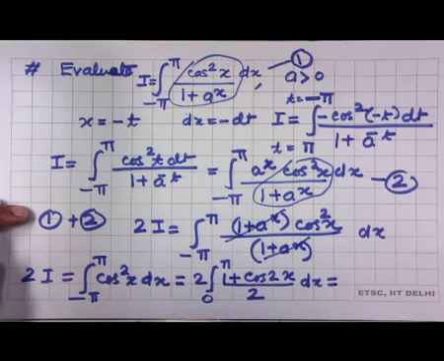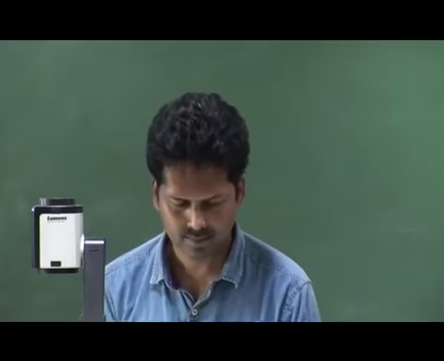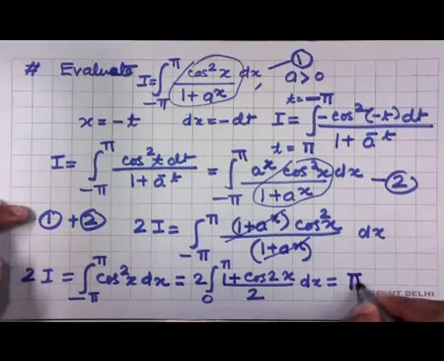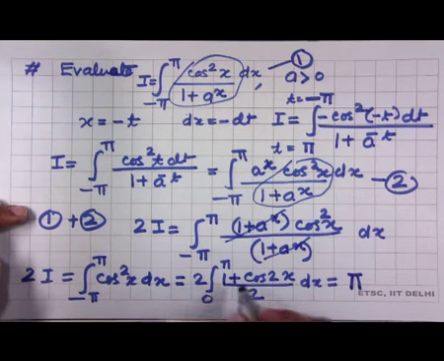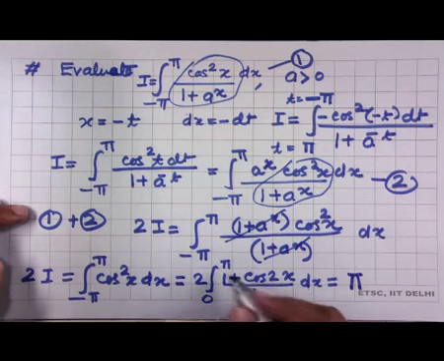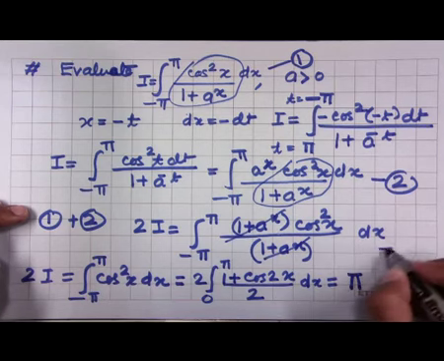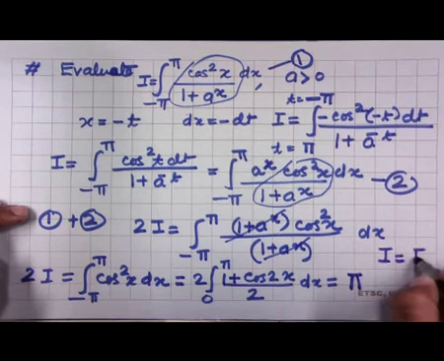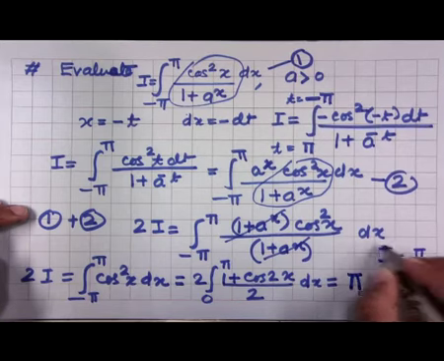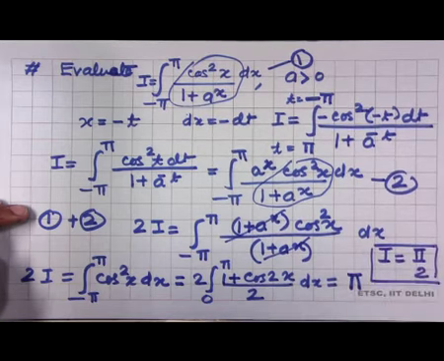So the value of this will be pi, because x gives you pi, and cos 2x integrates to sin 2x by 2, and the value of that will be 0 at 0 and pi. Therefore finally you get pi over here. So, I is equal to pi by 2 is the answer.